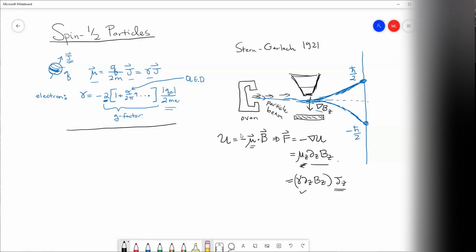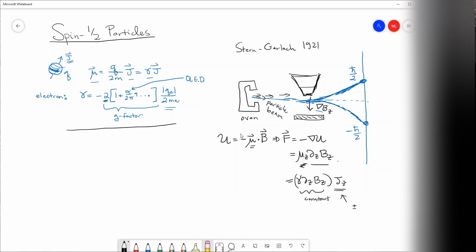So there's some constant set by the gradient of the field, and also all the complicated physics involved in the gyromagnetic ratio, the gamma.